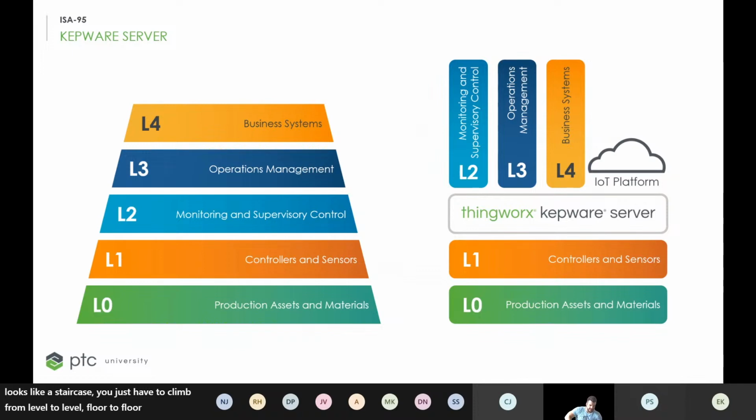Now, Kepware server comes in, and what Kepware does, it turns this method a bit upside down, because Kepware can now enable communications from the factory floor, where the assets and controllers are, directly to the level it needs within the framework. So it doesn't operate outside of the ISA 95, it operates within, but a bit tilted.